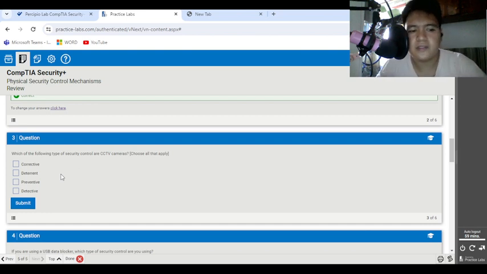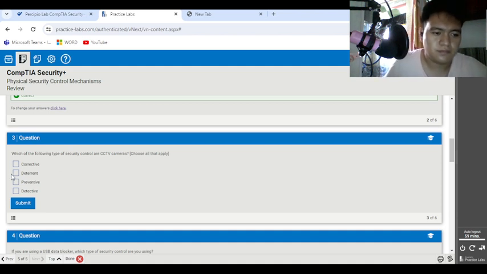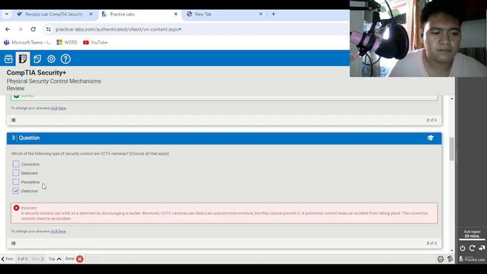Which of the following type of security controls are CCTV cameras? These are deterrent. Detective. Can work as deterrent. How is it a deterrent?